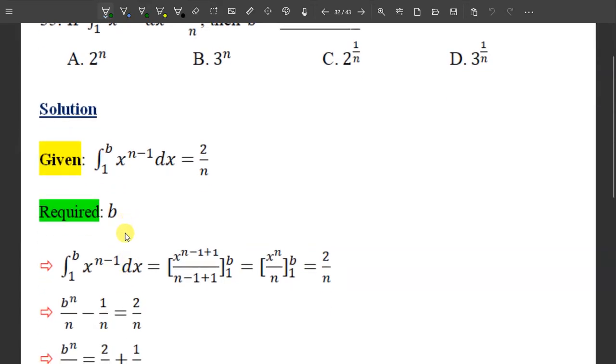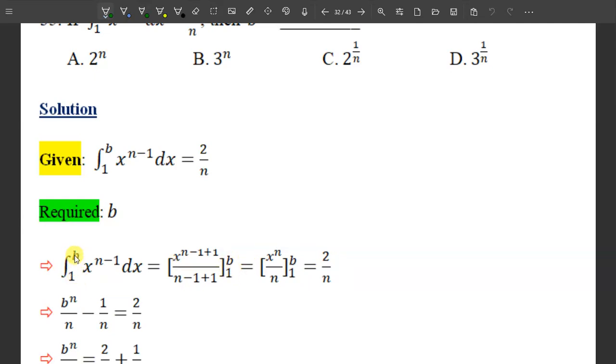And therefore, by the rule of integration, again, the integral from 1 up to b, x to the power of n minus 1 dx means it is x to the power of n minus 1 plus 1, over, write the same expression here in the denominator, n minus 1 plus 1, and evaluate it from 1 up to b.